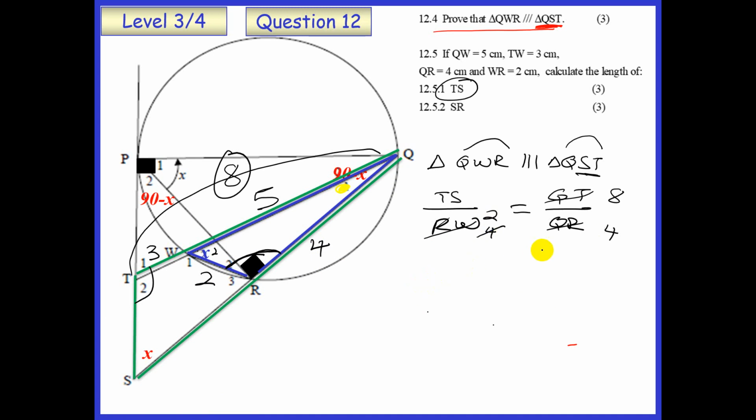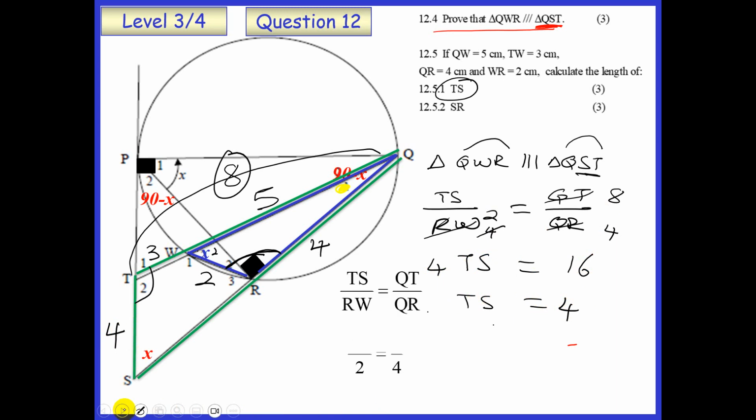Now if we cross multiply, we will get 4TS is equal to 8 by 2 is 16, and that gives us TS is equal to 4. So there's our 4 coming in there, and that makes perfect sense in what we're trying to accomplish here. Okay, so we got our TS to be 4.